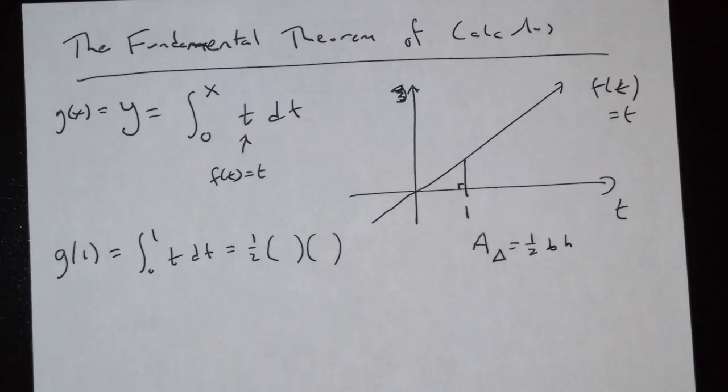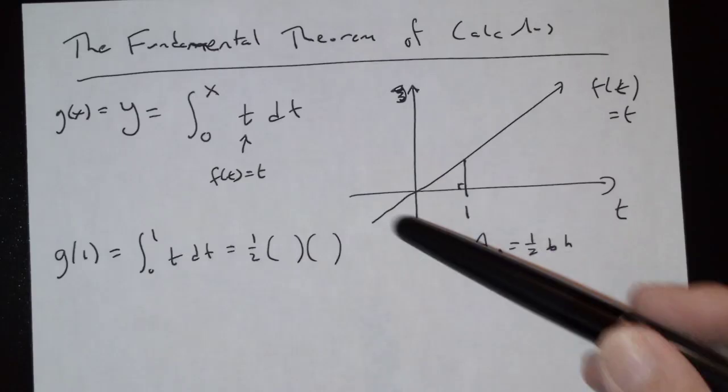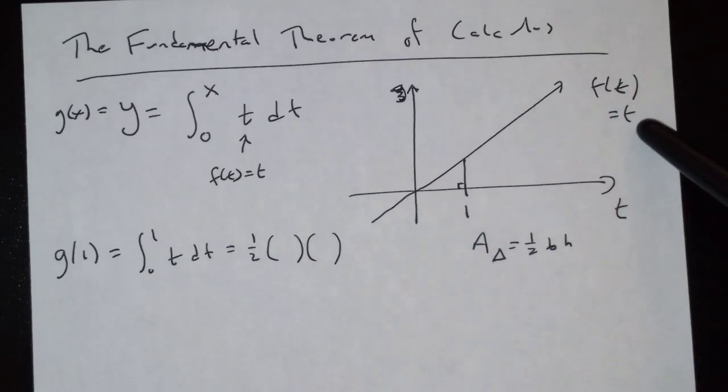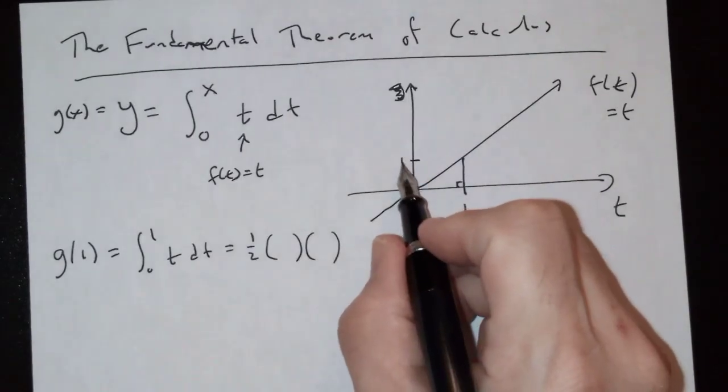What's the base length on that triangle? What's the height on that triangle? It's also 1, because the graph's y value equals x value. Oh, okay, so wait a minute. This height is 1.